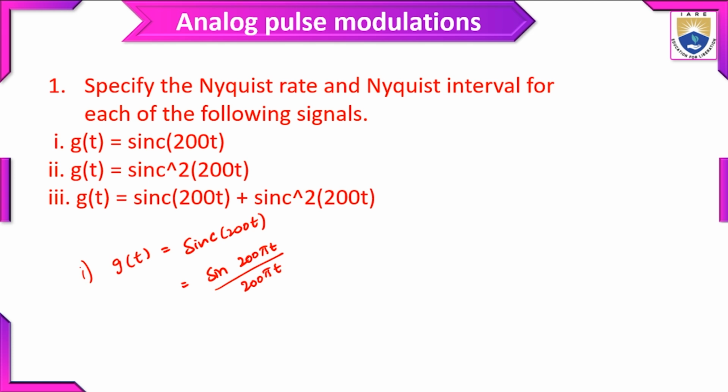This is the actual sinc pulse. In short form we write sinc of 200 t, but the actual form is sine of 200 pi t divided by 200 pi t.